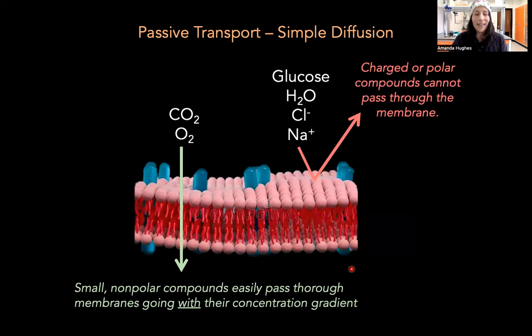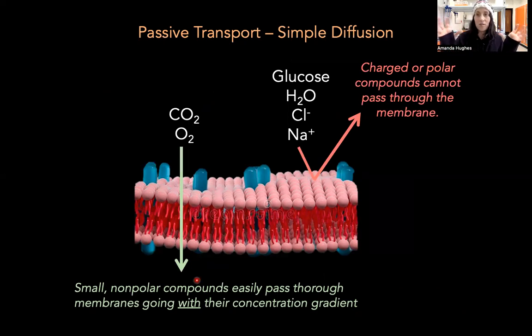Okay. So let's start with passive transport. A little more deeper dive for passive transport. This is a slide from a previous lecture, so this is refresh, hopefully, or at least reiteration. All right, so we can have small nonpolar compounds like carbon dioxide, oxygen, nitric oxide, NO. Those can all easily move across a membrane with their concentration gradient.